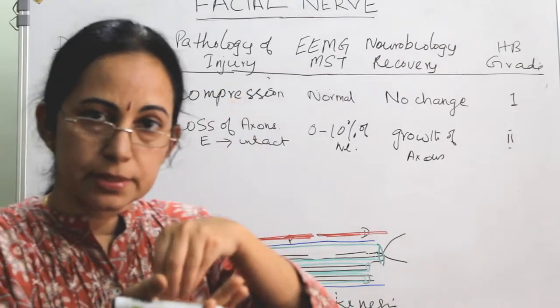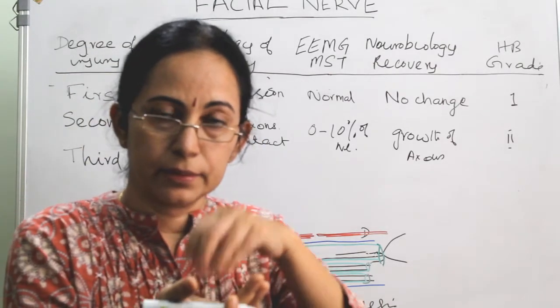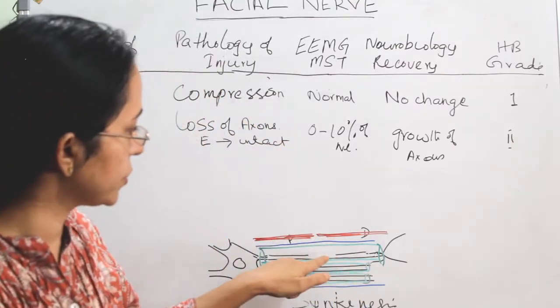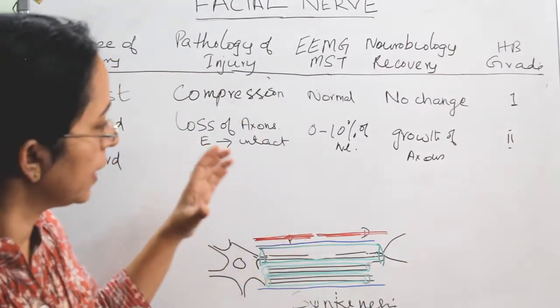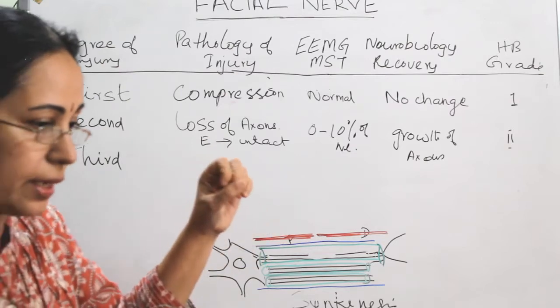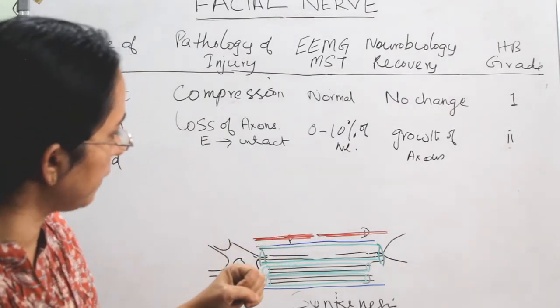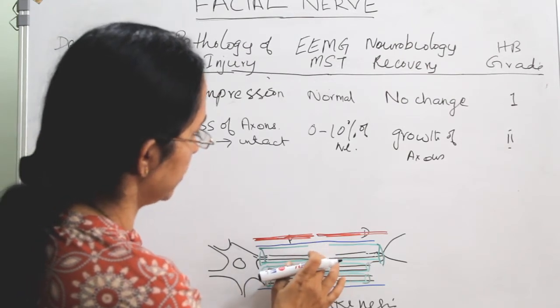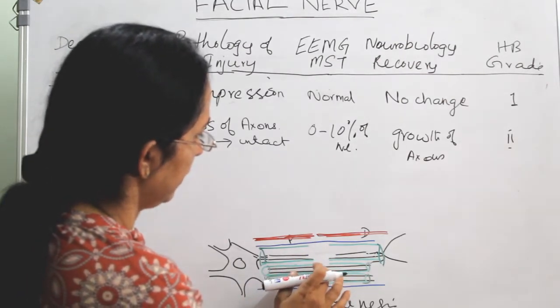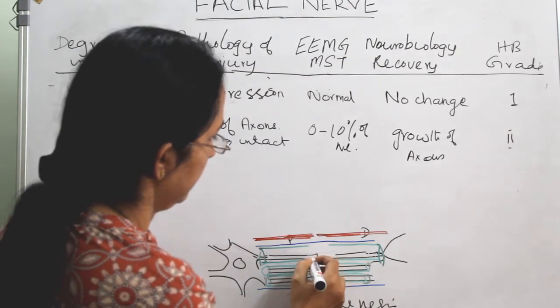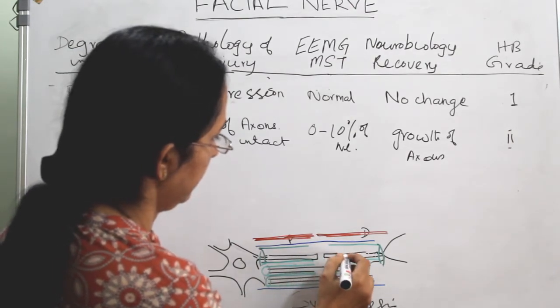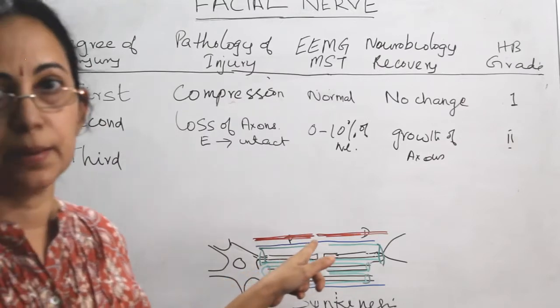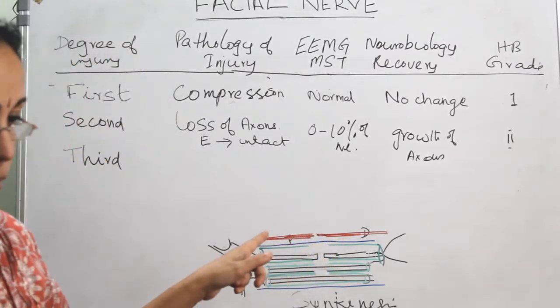If the pressure stays for a longer period, this compression causes loss of axons. And if this compression increases again, what will happen? The endoneurial nerve sheath is also damaged. There is damage to the endoneurium also.